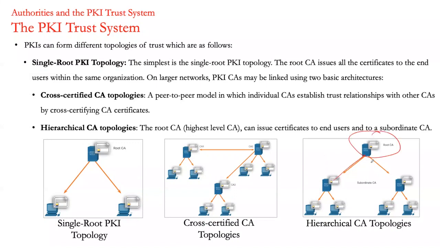It will issue the digital certificate to the sub certificate authorities, and these sub-domain authorities can give the certificates to other users or end users in the network. So these are three different ways of distributing the keys, the digital certificate to various users to verify their identity with the certificate authority.